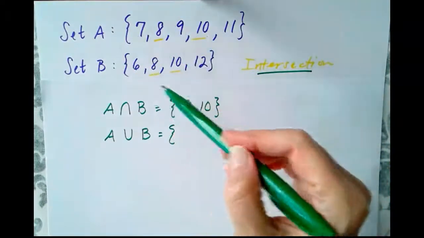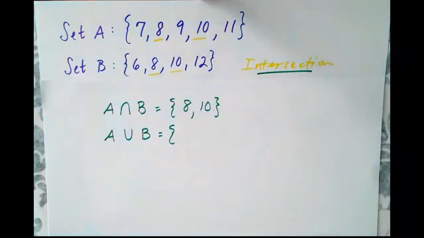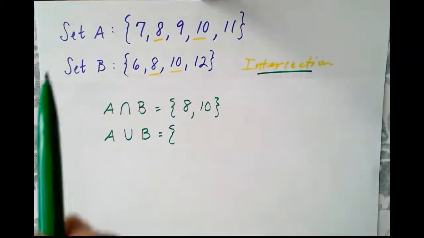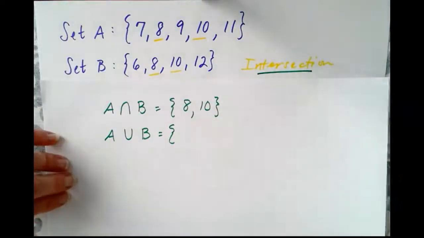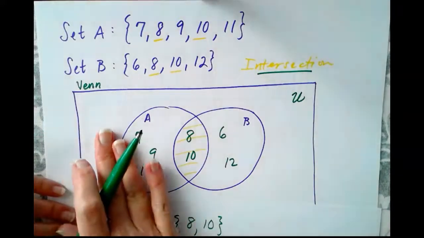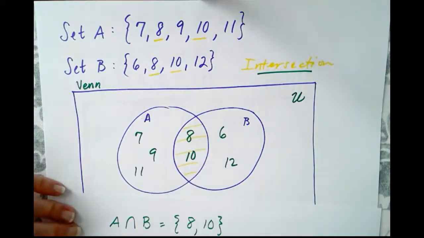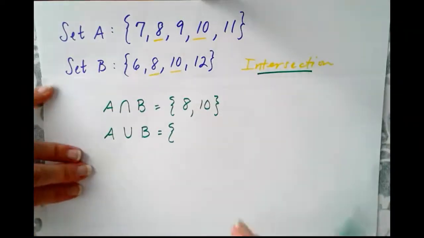So that means all of the elements in both sets, the elements that exist in one or the other, are going to make the union. And we can see the union here because the union is everything, even the ones that are in the overlap. That's the union of the two sets.